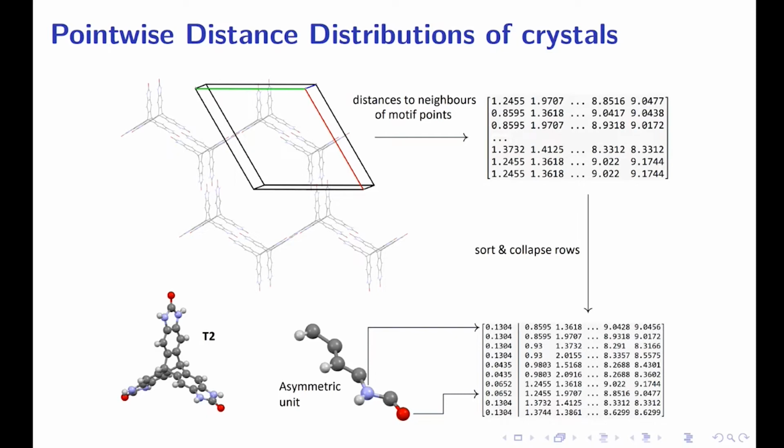And this is where the collapsing comes in handy, because if you double the unit cell, we're going to end up with double the number of rows because we've doubled the number of motif points. But if you collapse them back down, then you receive the original matrix, which you get with this reduced unit cell. And in the same way that rows collapsed before because of symmetries, we get the same scenario here, where collapsing the rows gave us 1 row for each atom in the asymmetric unit.